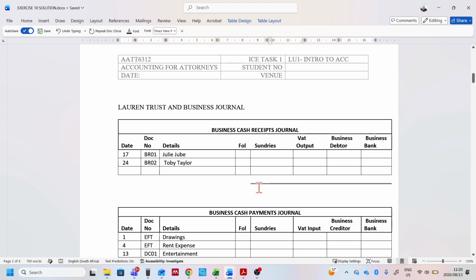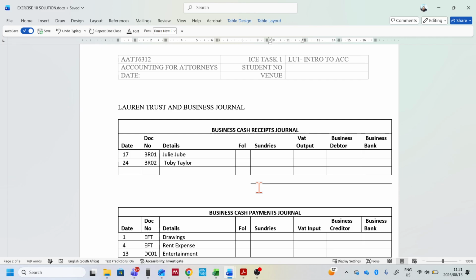So when you look at this business cash receipts journal, your business bank is being debited, the debtors column is being credited, and the sundry accounts are also being credited. And automatically the VAT output is credited. The reason I'm explaining this is that when we post the totals in your ledger, the total of your business bank, because this account is being debited, will be debited to the business bank account.